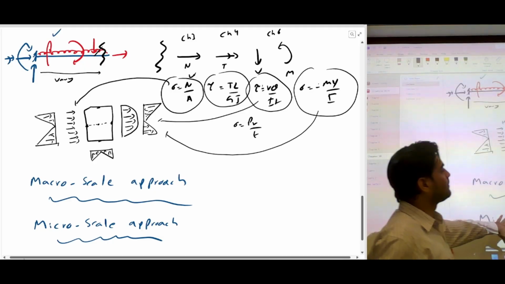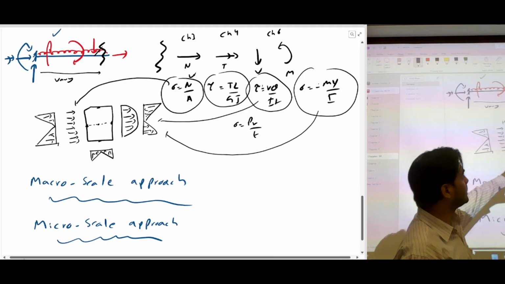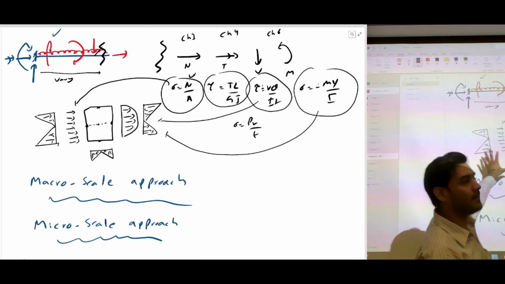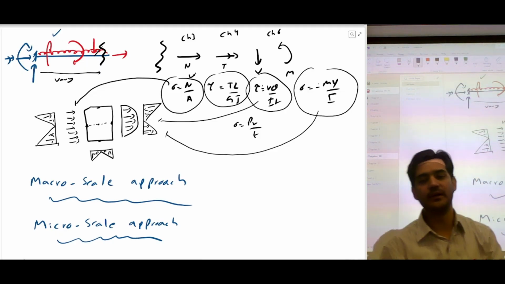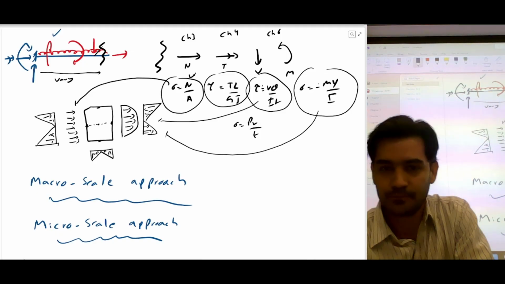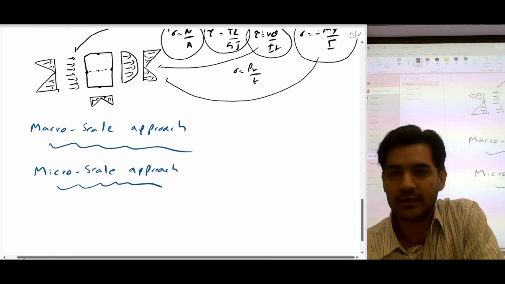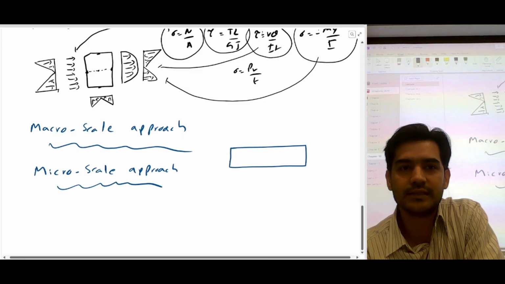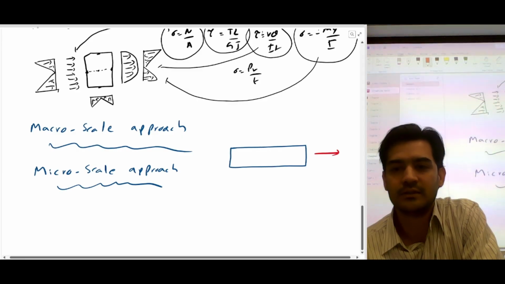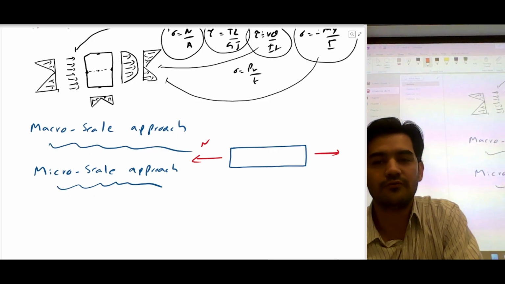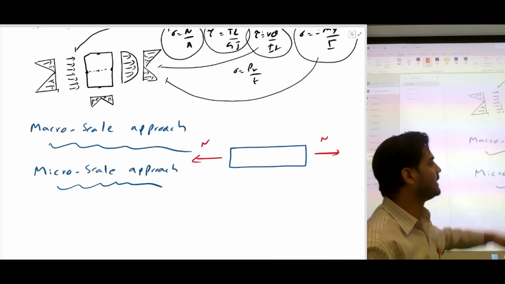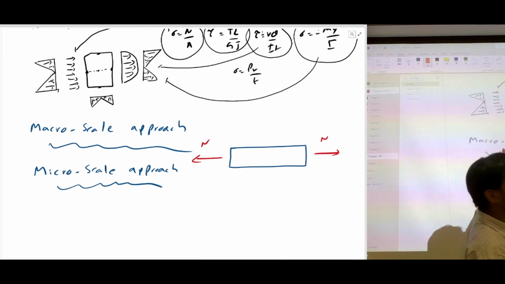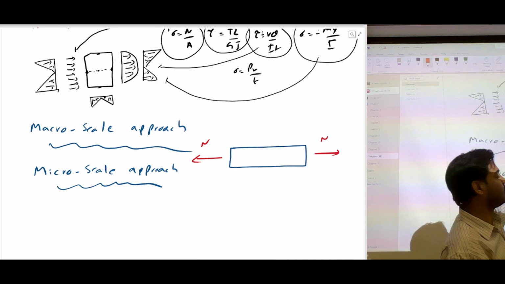In micro scale approach, what we do is we extract a tiny bit of an element from the member, and we call that element a stress element. So for example, if I draw a simple member, and let's say it just has a normal force acting on that member. One way is to use macro scale approach, which we have been using in different chapters so far.